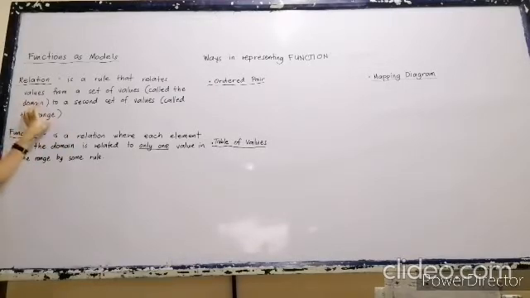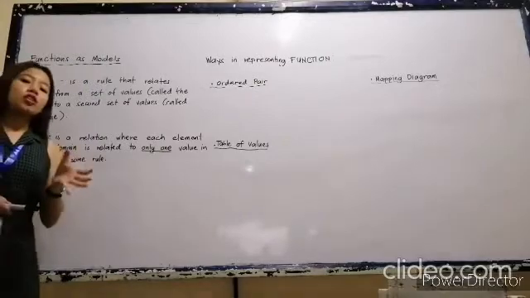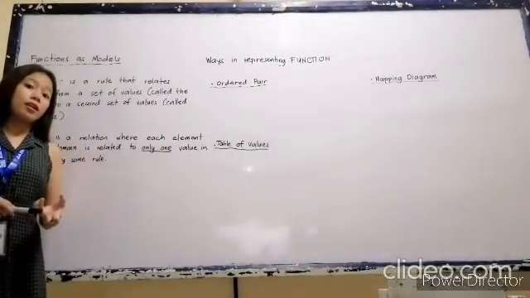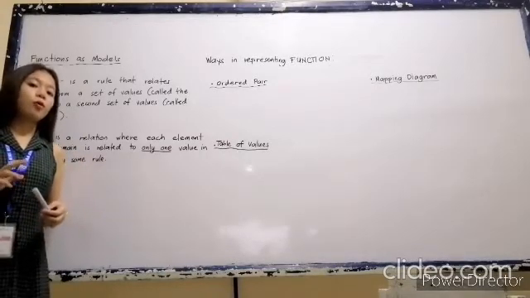When we say input, it is the independent variable, and that will be our value for x. When we talk about range, the range is the dependent variable and it is always represented by the variable y.